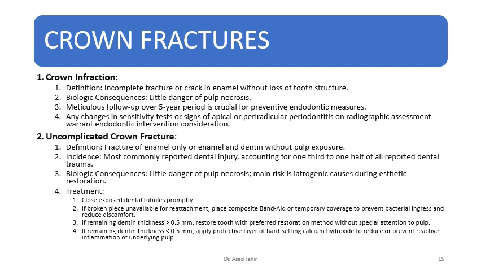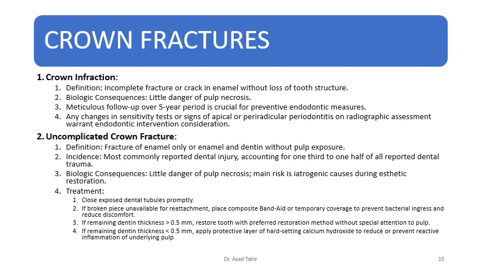Treatment: close exposed dentinal tubules promptly. If the broken piece is unavailable for reattachment, place a composite band-aid or temporary coverage to prevent bacterial ingress and reduce discomfort. If remaining dentin thickness is greater than 0.5 mm, restore the tooth with the preferred restoration method without special attention to the pulp.